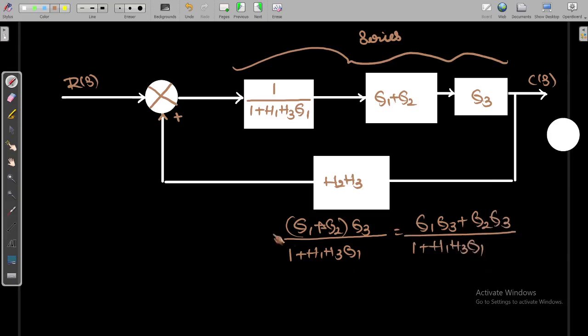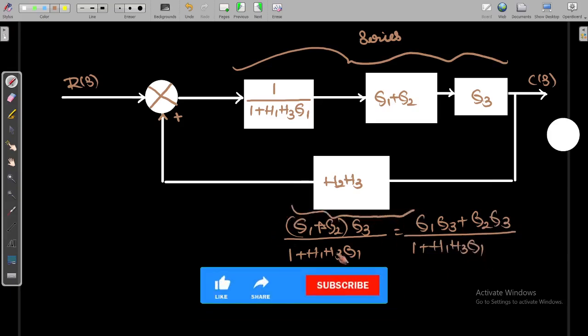For this, that is a feedback element. Let us solve that also.